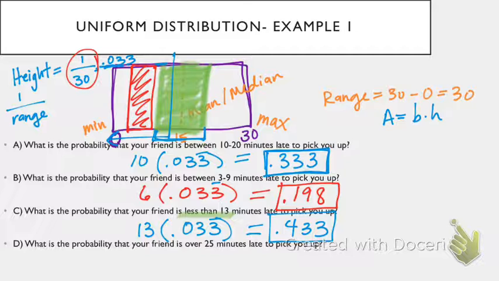And the last one says probability that it's over 25 minutes. So 25 and above would be 5 times 0.033 repeating. What do you get? 0.165.